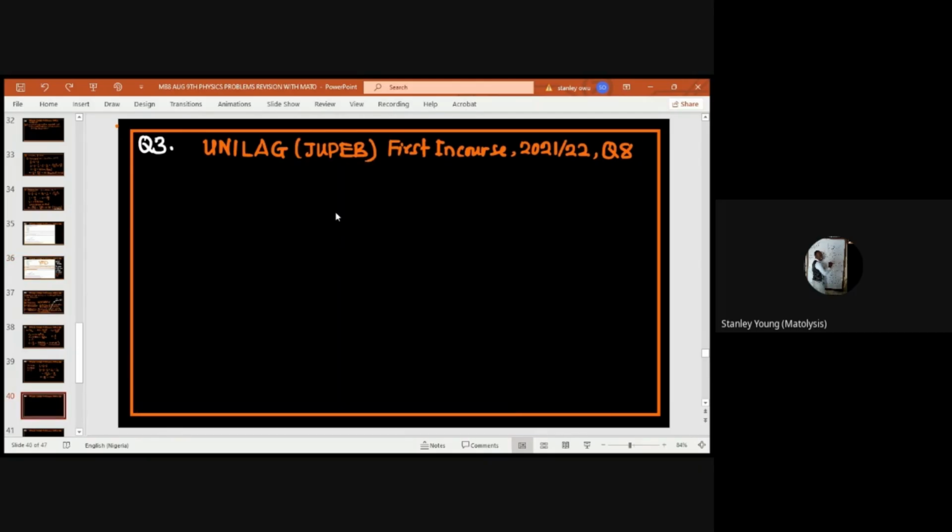You can recall that if, for instance, this is a convex mirror, and you have this to be the principal axis, say the object was positioned here. Recall, the image is going to be somewhere in here. What the question wants from you is the distance between the object and the image, from here to here.